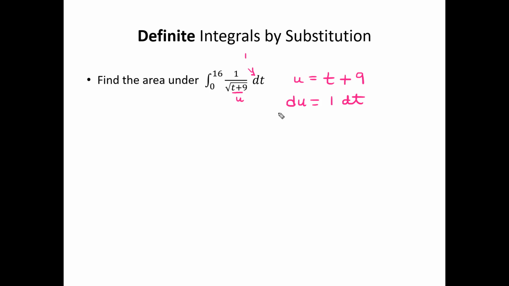I mean, if you wanted to, you could just write it as 1 times anything. It's just that value. And so now rewriting this, I would rewrite it as 1 over the square root of u du, because where I saw dt, I just changed it to du with my substitution.